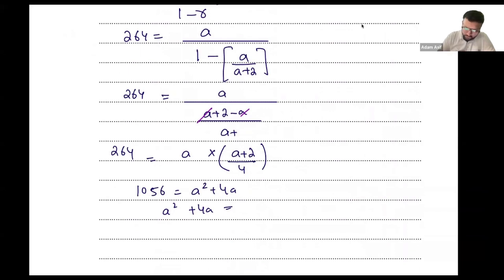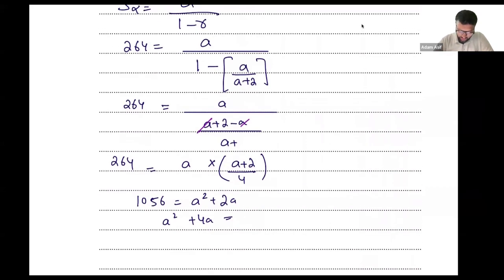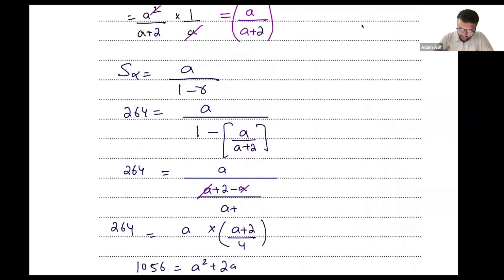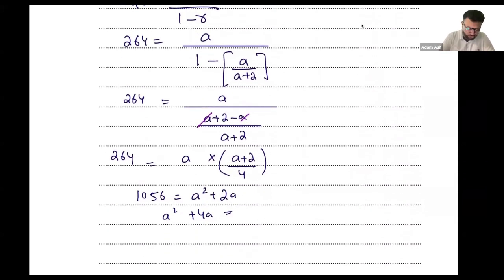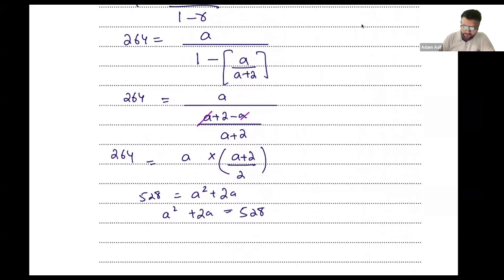So that's going to be a squared plus 2a, and this was a plus 2 as well, and that was 2. So 264 times 2, that's going to be 528. A squared plus 2a equals 528.